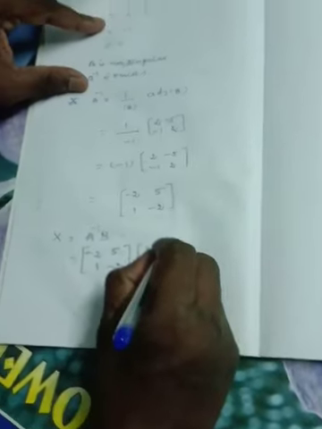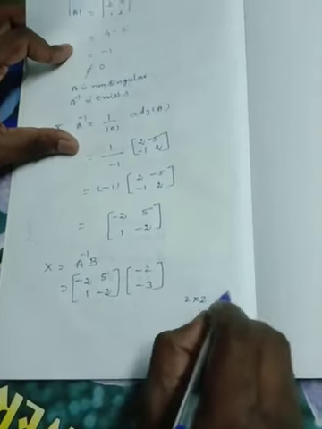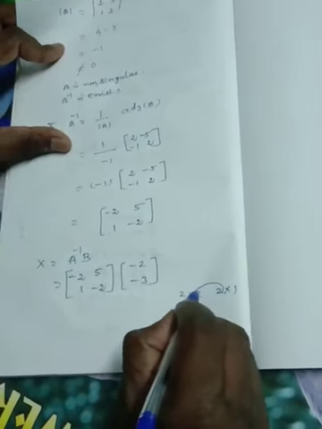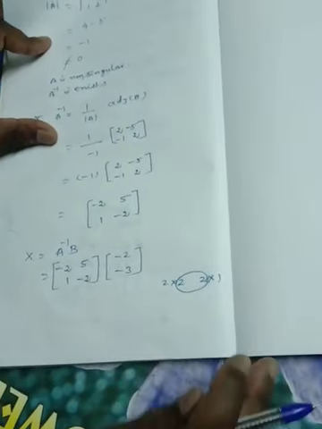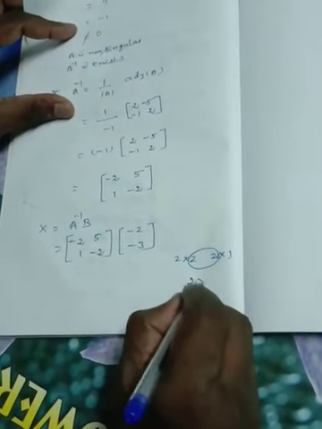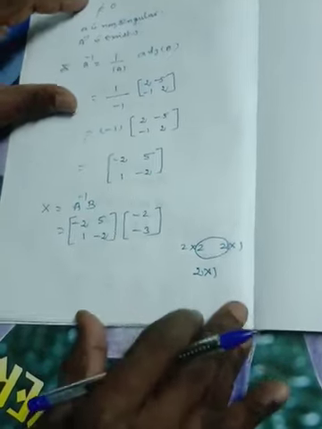Now this is a 2 cross 2 matrix and this is a 2 cross 1 matrix. Product: 2, 2 and 2, 1, deleting the middle 2s, we get 2 cross 1. So the product X is a 2 cross 1 matrix.